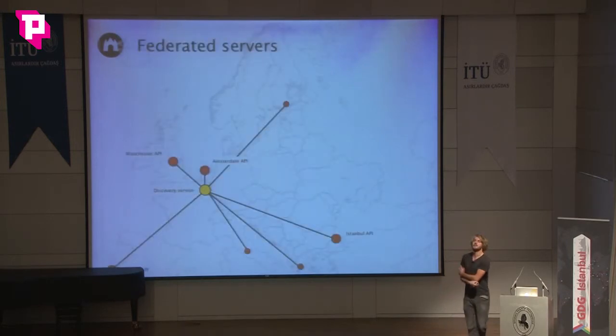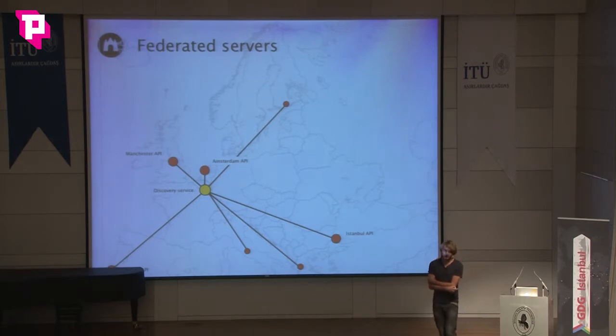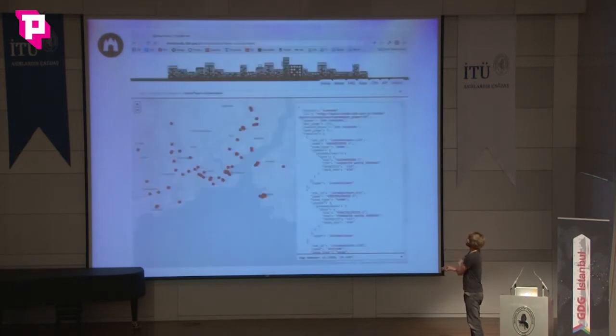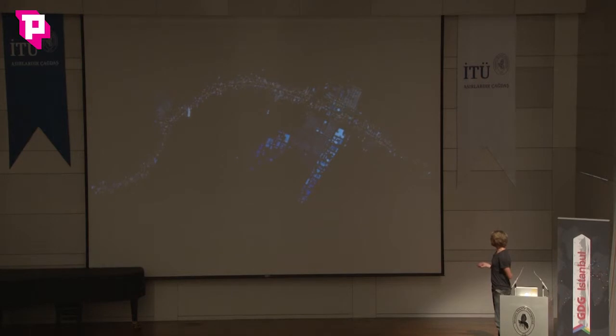And it's working in many different cities already in Europe. We have an API in Amsterdam, in Greece, in Istanbul here, also in Manchester and Helsinki. This is Istanbul. And this is public transport stops in Istanbul, I believe. Of course, only a subset of it, because I won't show all the information.